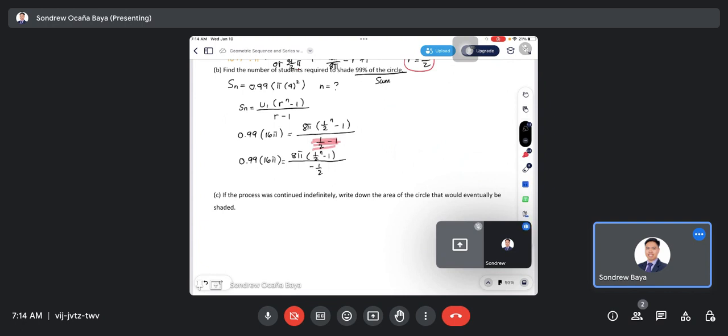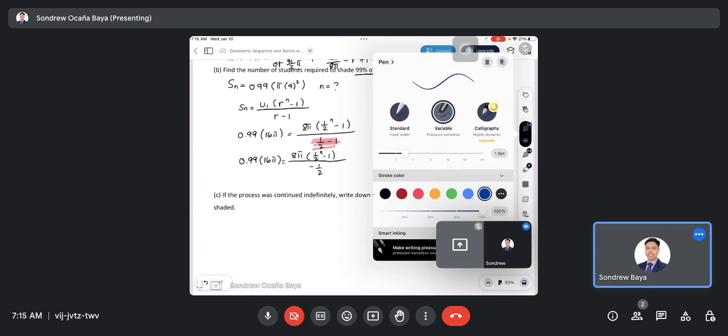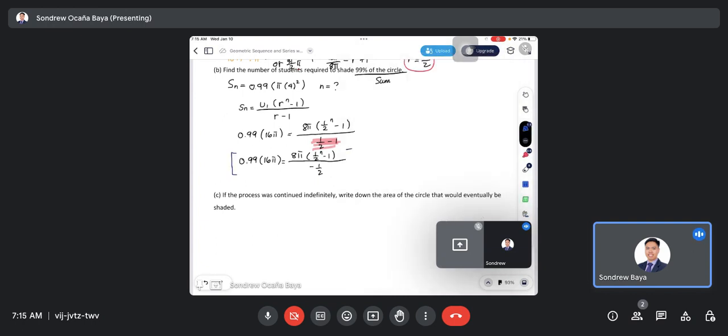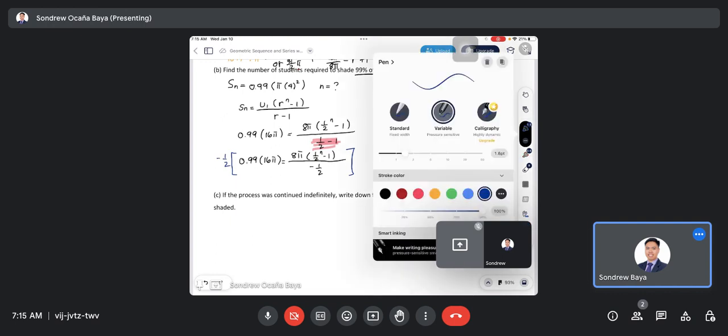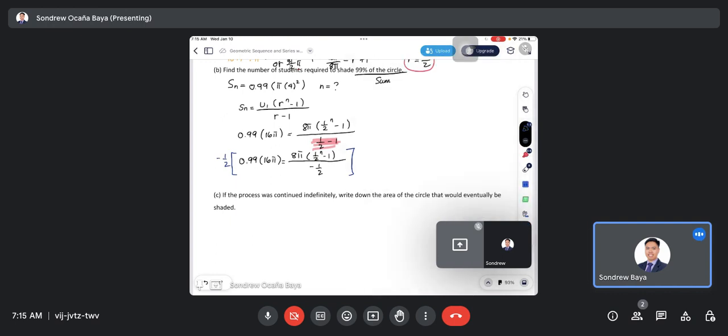All right. Now to simplify further, we can multiply both sides by the denominator negative 1 half. So this gives us, so we distribute. So the left side now becomes 8 pi times half to the power of n minus 1.